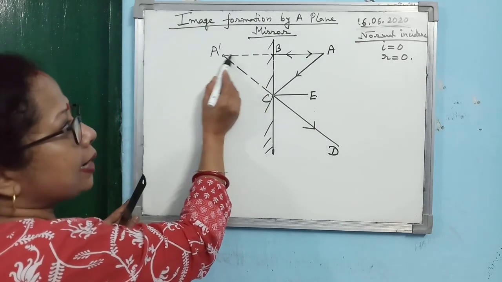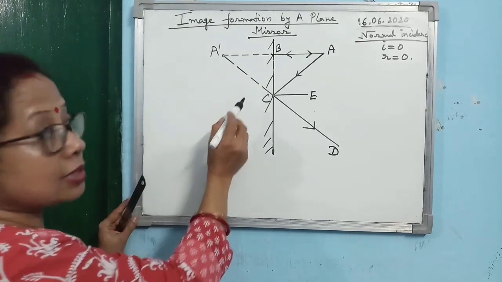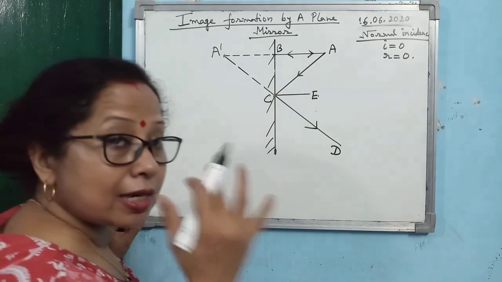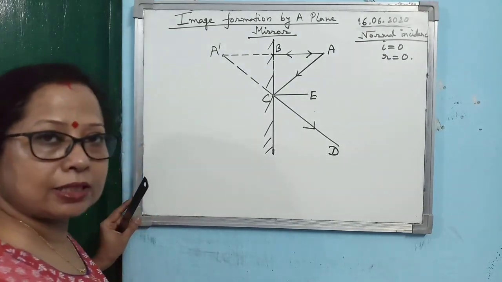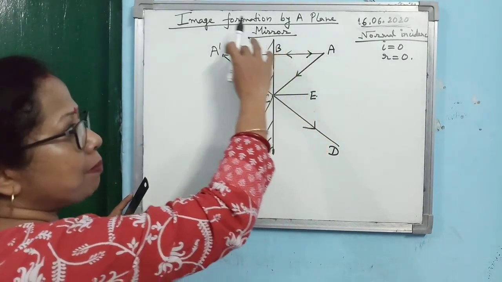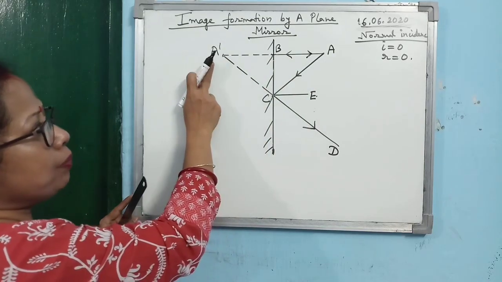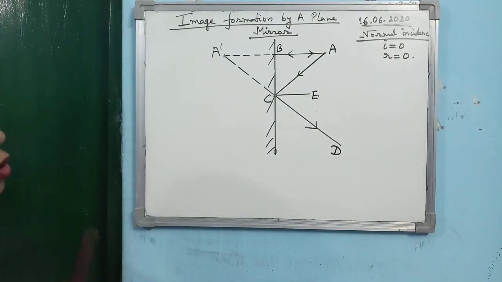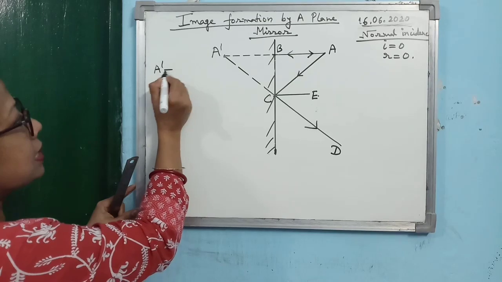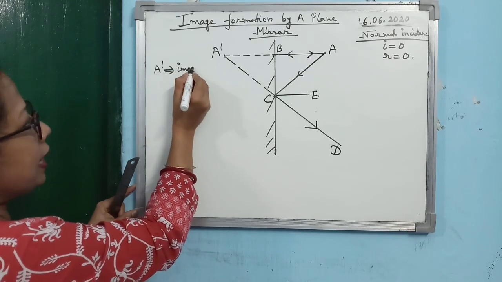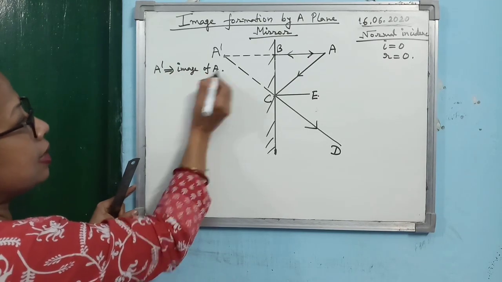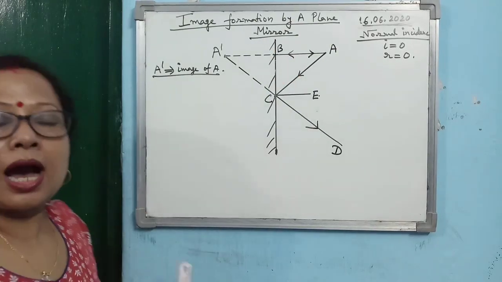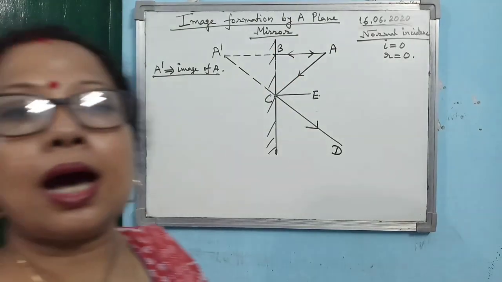That's why I said draw a dotted line, because these are imaginary, they appear to meet, not actually meeting. If you extend them, then they appear to meet at the point A dash. So A dash is the image of A. Is that clear? So this is the way a plane mirror forms the image.